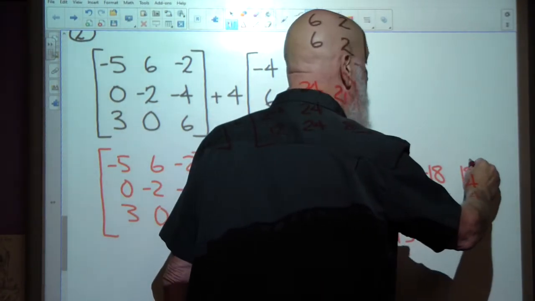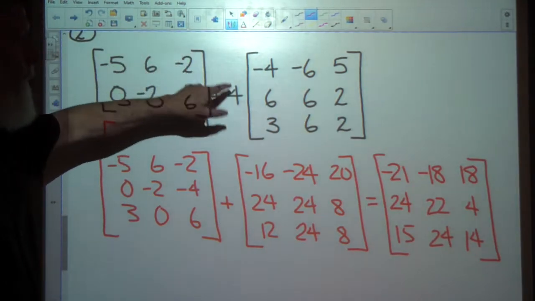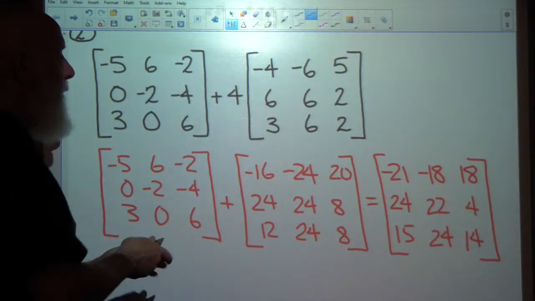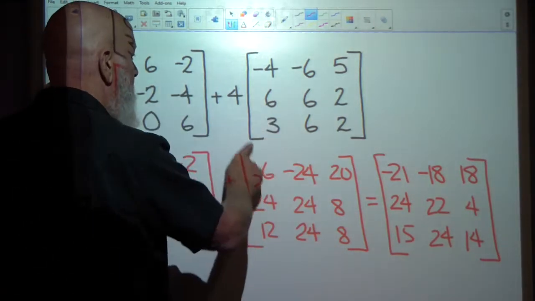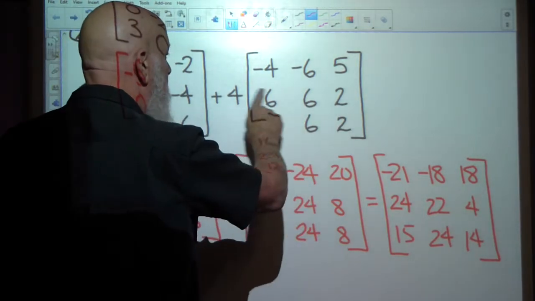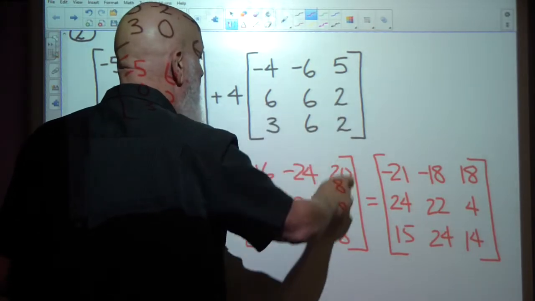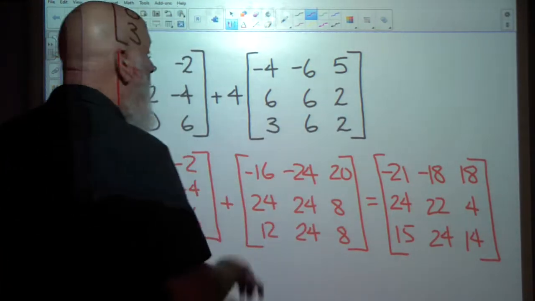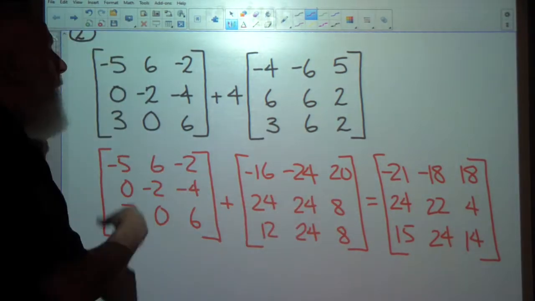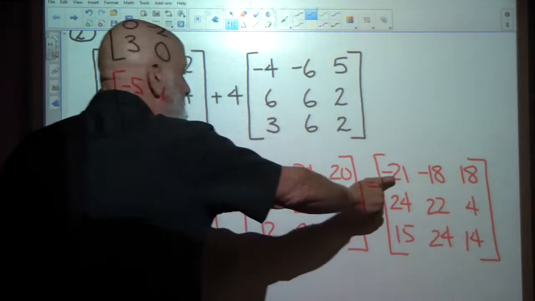If I haven't made any arithmetic mistakes, we performed these operations. We saw that we were multiplying this matrix by a scalar, 4 in this case. We did that. I'll check my arithmetic real quick. -16, 24, 12, -24, 24, 24, 20, 8, and 8. And then, once we multiplied by the scalar, we perform the operation addition, adding corresponding elements. So -5 plus -16 is -21.